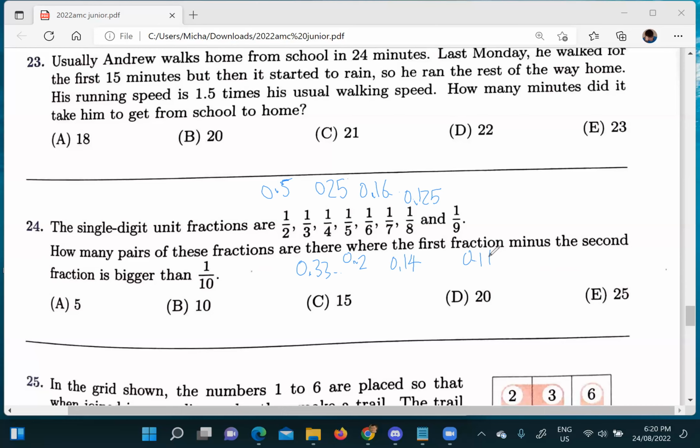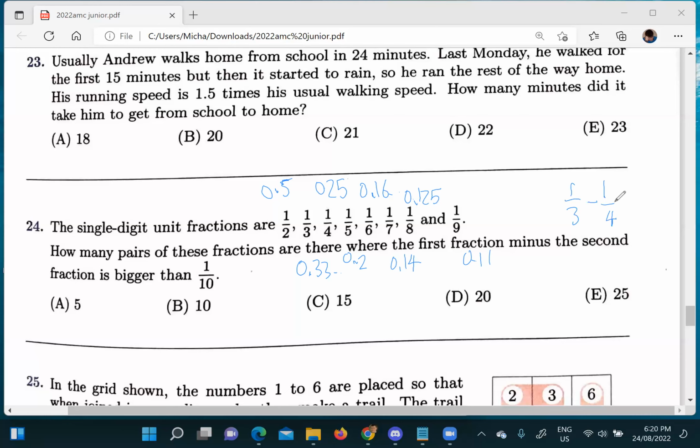So if you look at a third minus a quarter, that's not bigger than a tenth, is it? It's a twelfth, yeah? So that's not going to work. But a third minus a fifth does work, right? And so all of the others work, yeah? So the only one that doesn't work so far is a third minus a quarter, okay? Then you look at a quarter, which is 0.25. Minus a fifth is not going to work, yeah?